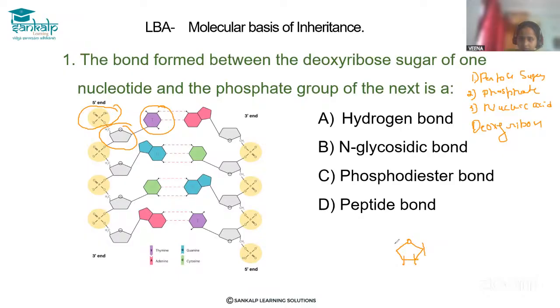Why I am explaining all this is that understanding the structure is really necessary to understand the bond present here. So this is the structure of pentose sugar, and it contains C5H10O4. This is the molecular formula.